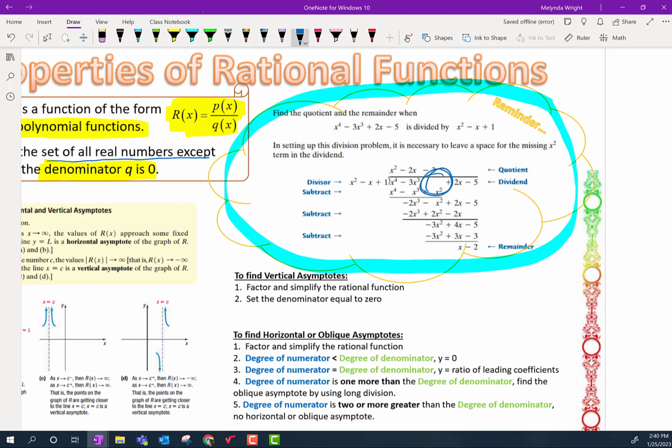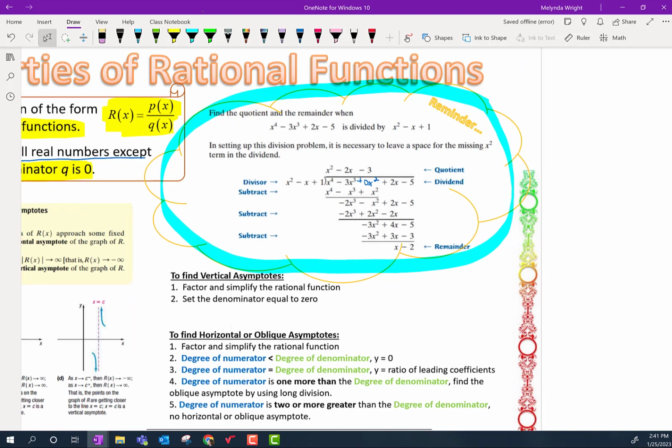There's a big blank. I would normally put plus 0x squared instead of leaving it a blank, but it doesn't matter. You don't have to. You can leave it a blank. But we need all of the fourth degree, third degree, second degree, first degree, constant. We need them all represented. So there's just an example.